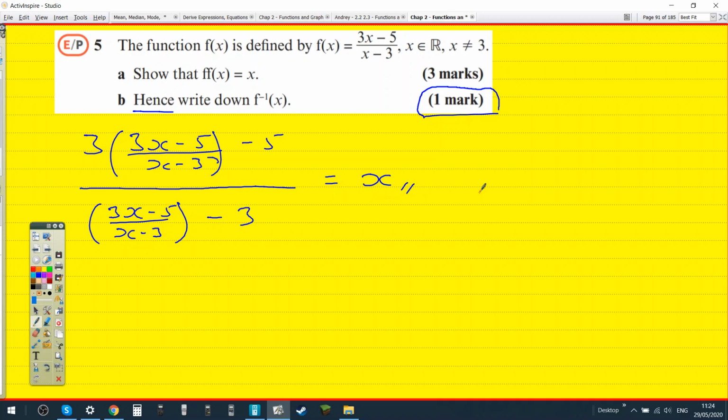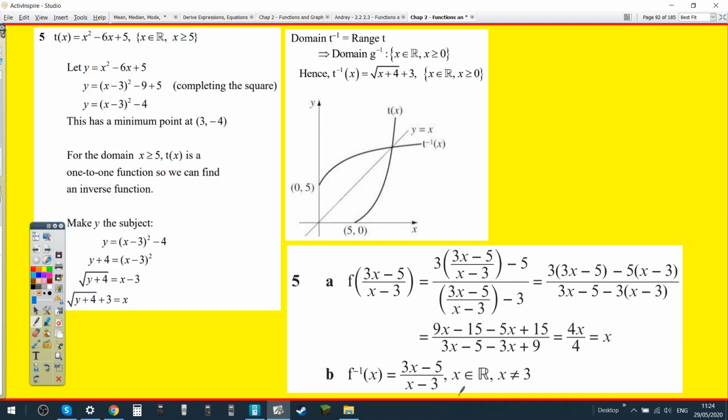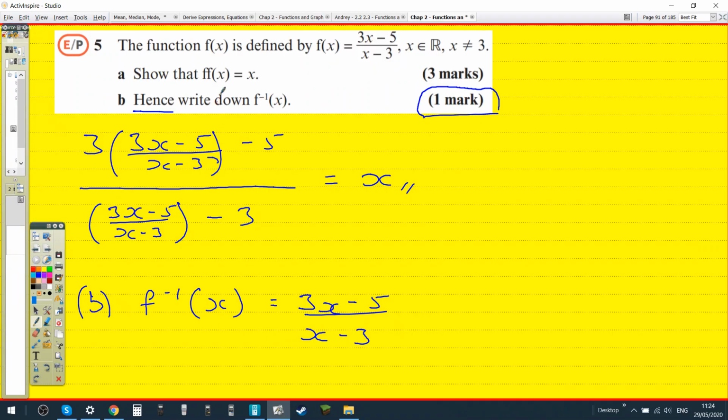I'm not sure. I'm taking a guess here. I think that means it is its own inverse or something. So like the inverse function is the same, or let's just check. Yes, it's the same. So if f of f of x is equal to x, then f of x is equal to f inverse of x.